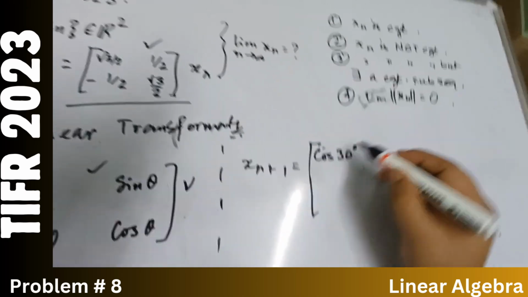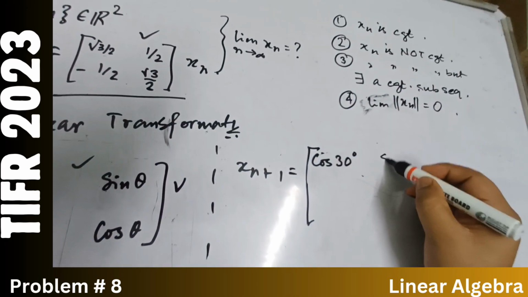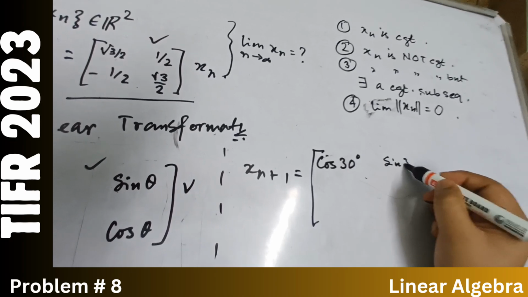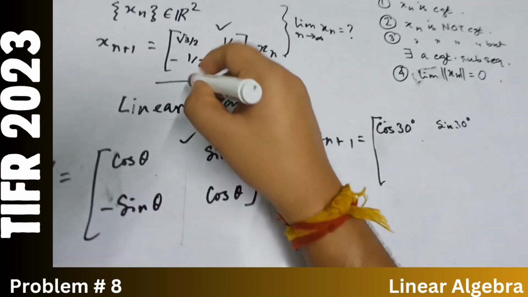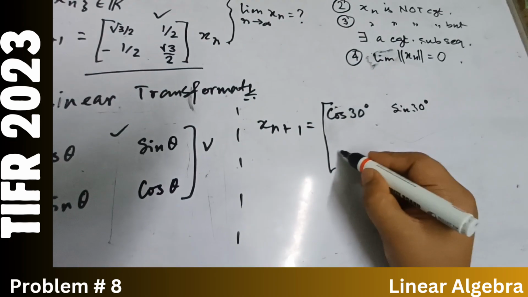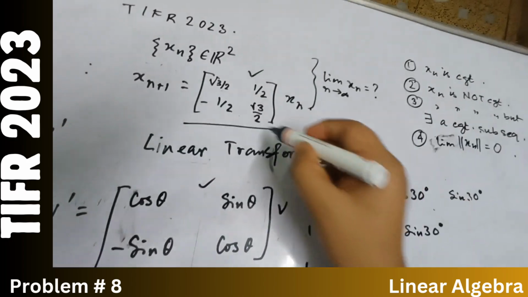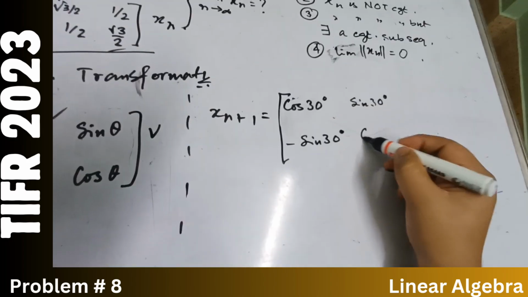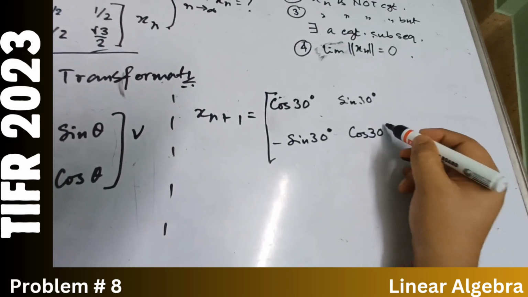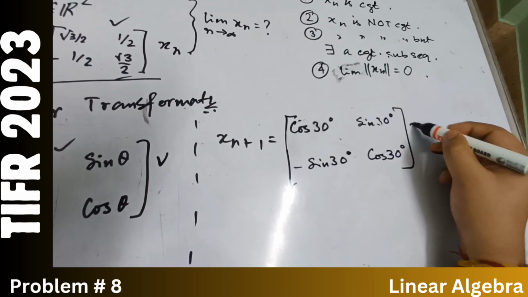Half we can replace as sine 30 degrees, minus half as minus sine 30 degrees, and this one again as cosine 30 degrees, into xn.